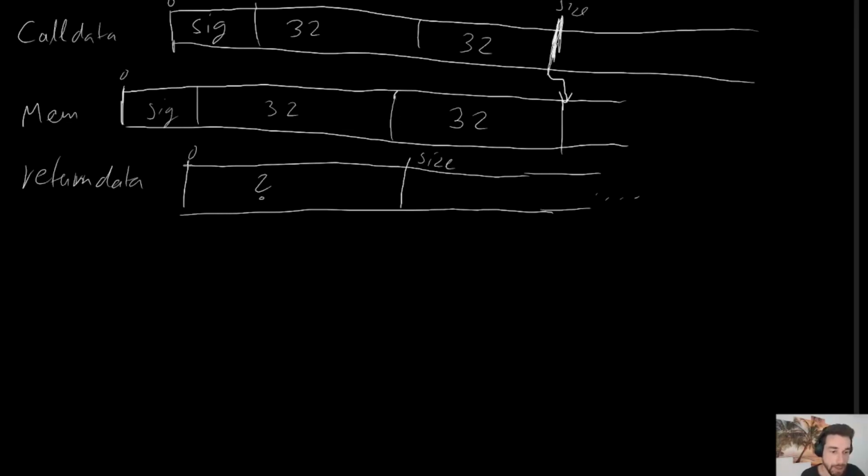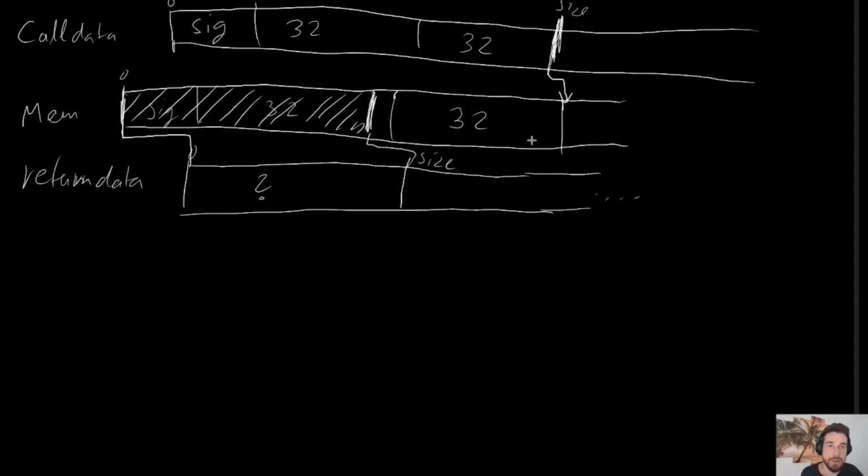And then we are doing this return data copy to basically copy starting from 0 until size, until here, and we're just overwriting the call data that we've previously copied, and now the return data is contained also within memory.